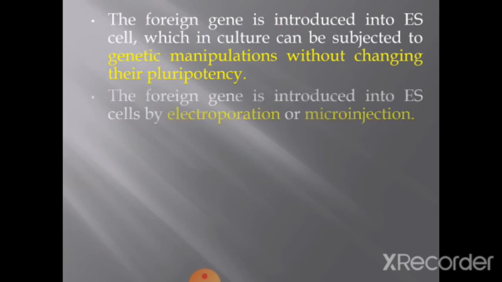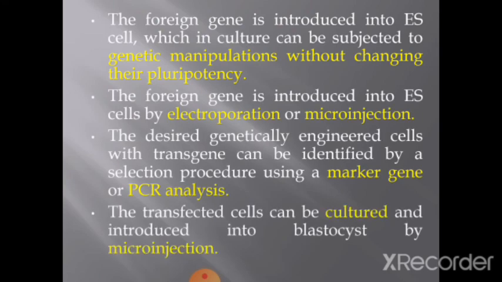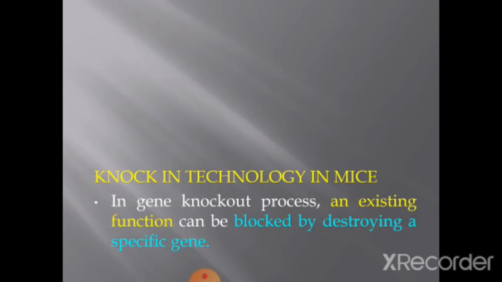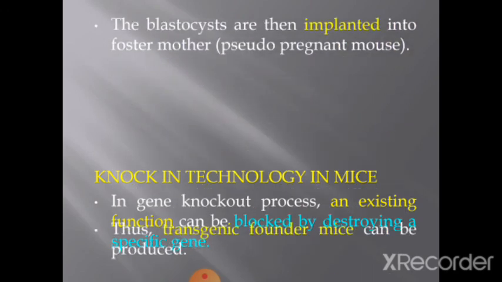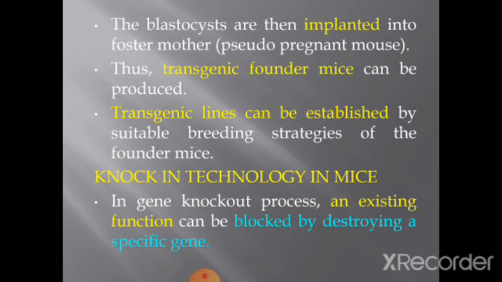So I have explained the process of production of the transgenic mice by embryonic stem cell method. Right? Now, this is about knock-in technology. Now, there is one more technology called knockout technology. Okay? Gene knockout process.